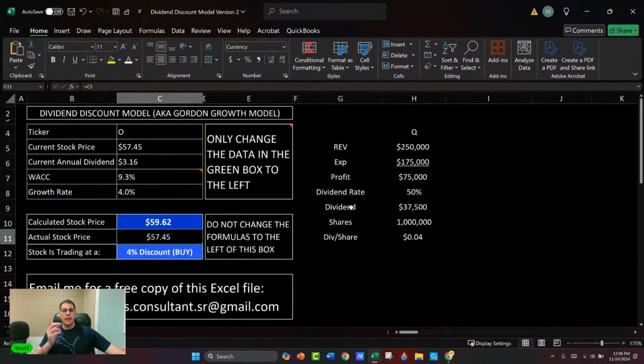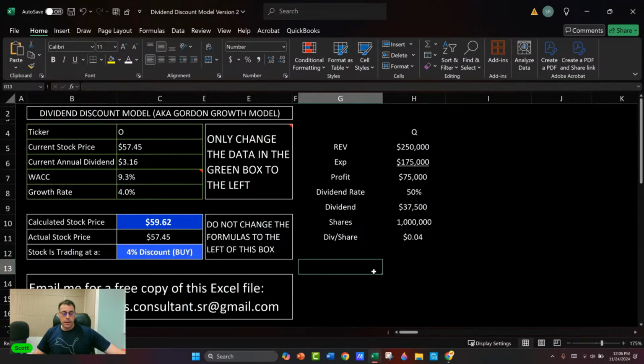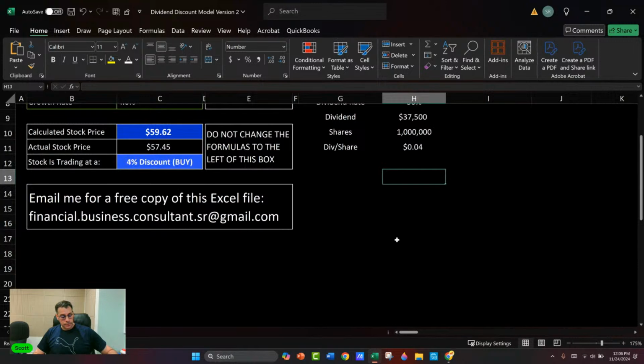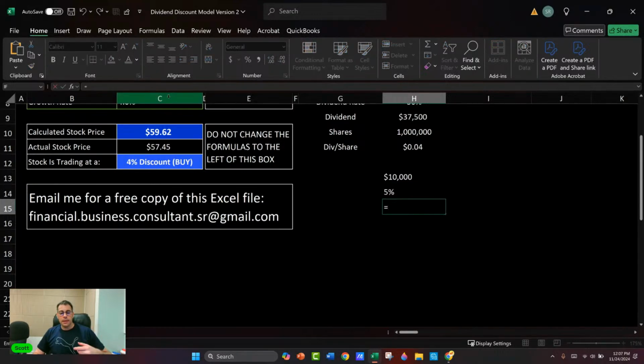And I know logically that doesn't make sense to people, but if you think of a bond, it has guaranteed payments. So if you buy like a $10,000 bond, and you get a 5% return, the interest payment is 5%.